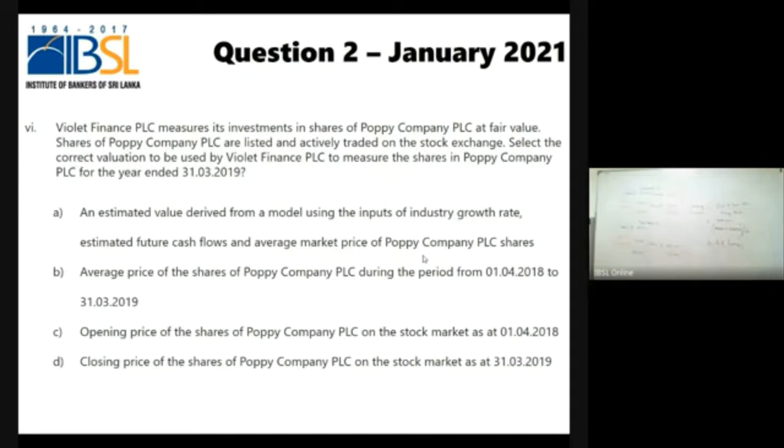They also say that shares of Poppy Company PLC are listed and actively traded on the stock exchange. So the company where Violet Finance PLC has invested is a listed company on the stock exchange, which means they are trading and their market prices will go up and down. They are subject to fluctuation.